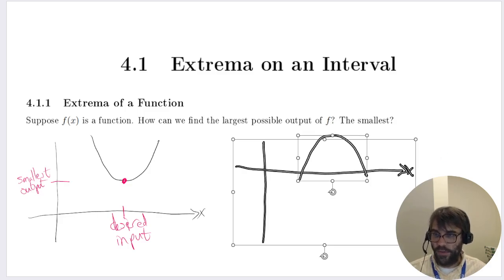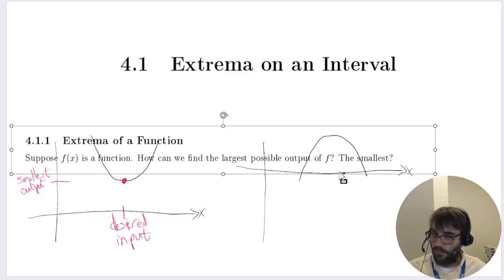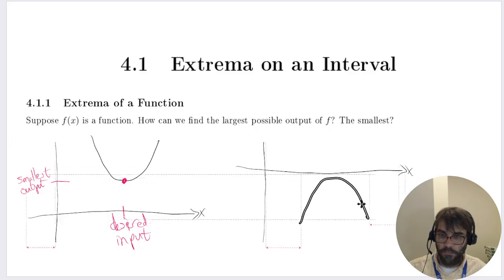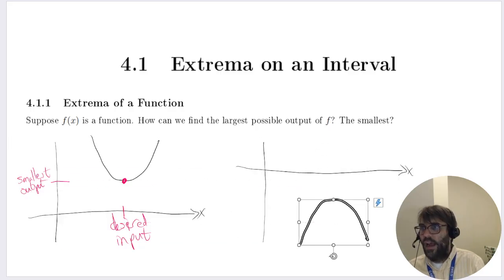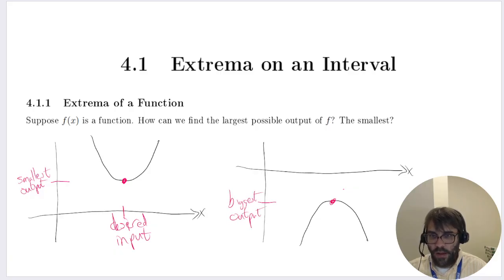Let's move this down to be down here. And we really have the same point. And so it's sort of the same question here. Now we have the biggest output. So we're trying to find the biggest and the smallest, and again, the desired input.